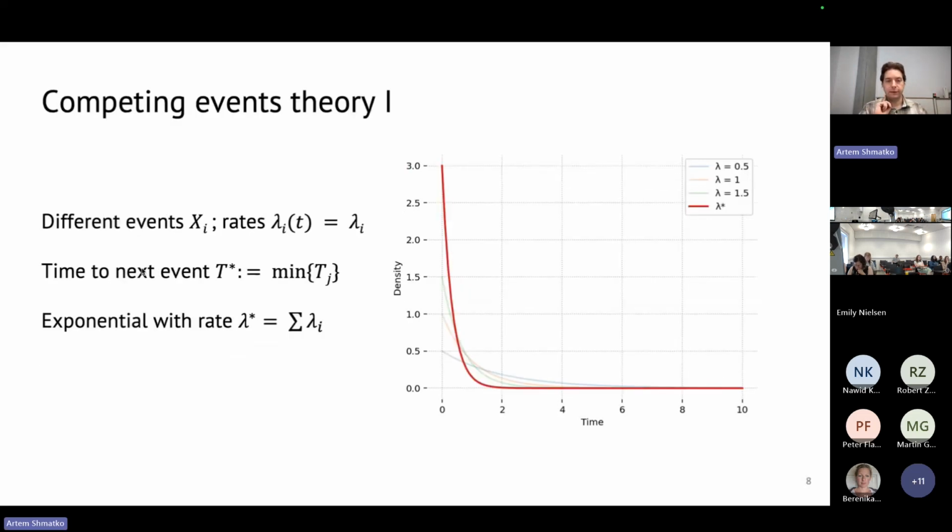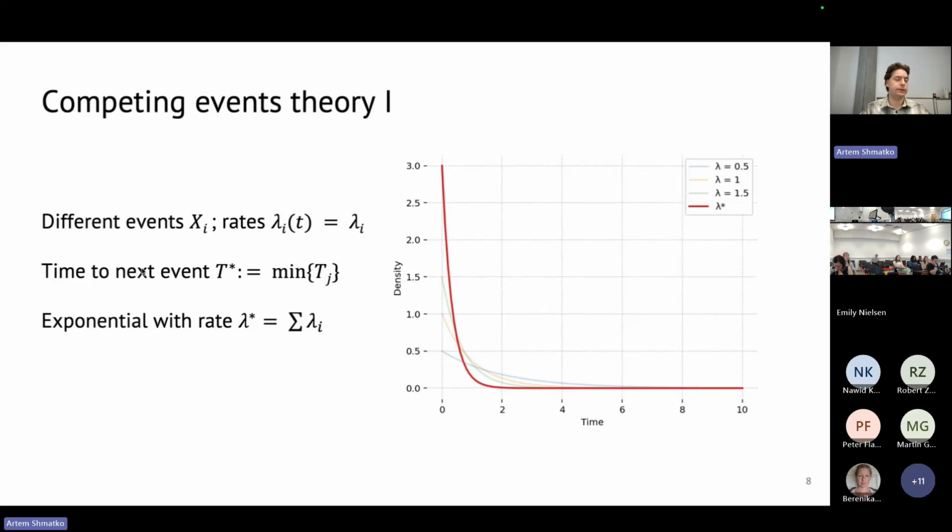But what if we want to model not the occurrence of one event, but the occurrence of several competing events? For example, if we are talking about diseases, one could have some rate of having common cold, migraine, cancer, diabetes, and so on.